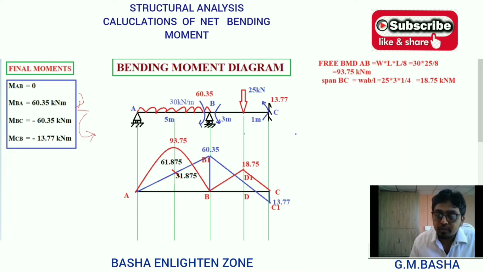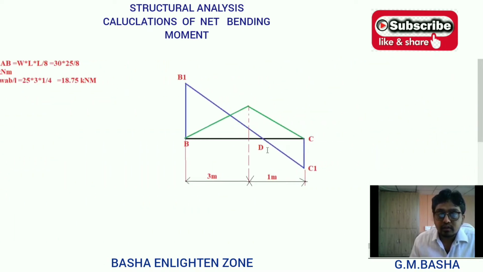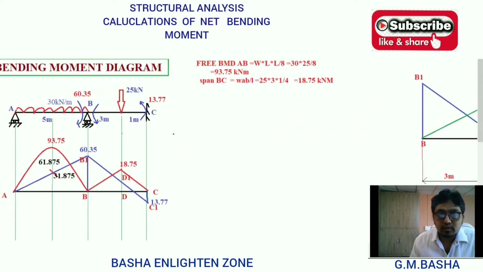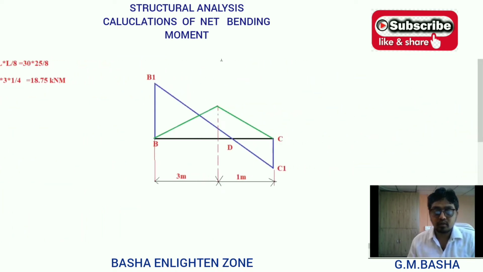For that I am choosing this type of model to show the bending moment diagram. See here, B1 D is one triangle, C1 D is another triangle, two opposite triangles.